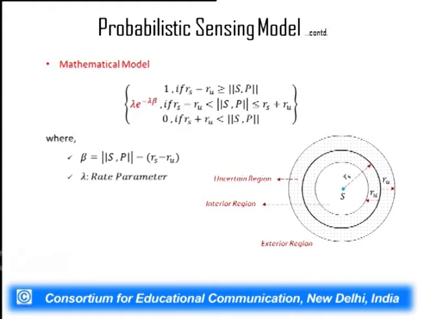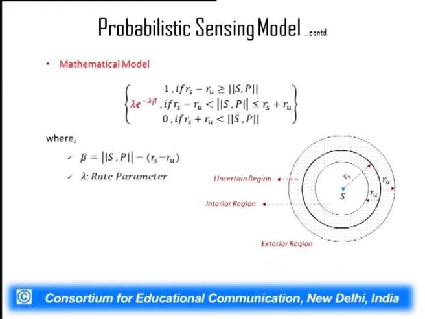So, mathematically we can see in the second row of the equation that it is given by lambda e to the power minus lambda beta. This is the exponential distribution, because the probability decreases exponentially with the distance metric. So it's the very commonly used exponential distribution.